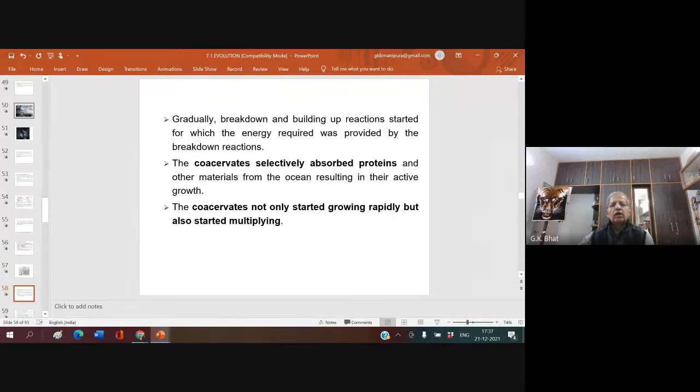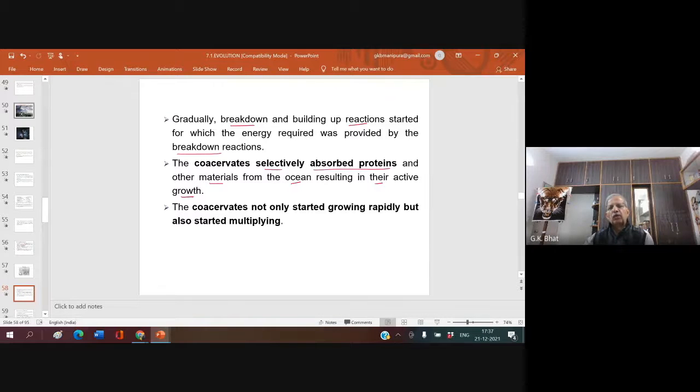Gradually, breakdown and building up reactions started, for which the energy required was provided by the breakdown reaction. Coacervates selectively absorbed nutrients or proteins and other materials from the ocean, resulting in their active growth. That means some sort of nutrition started.